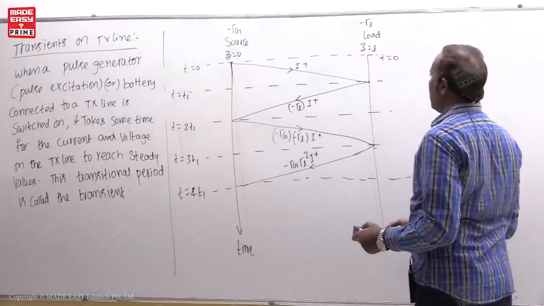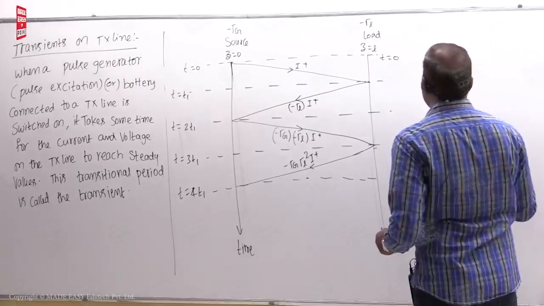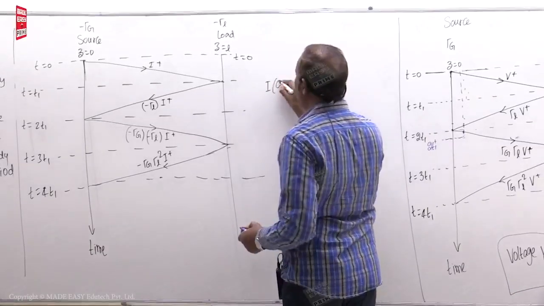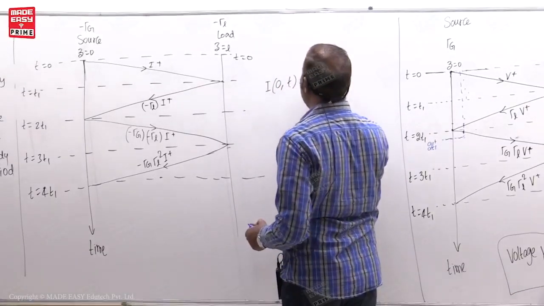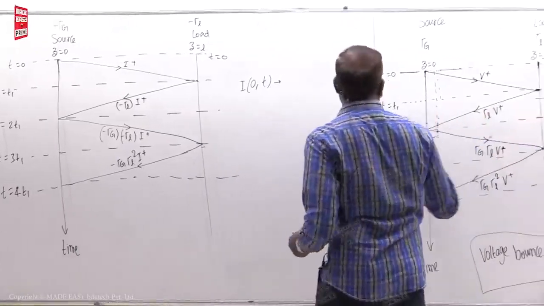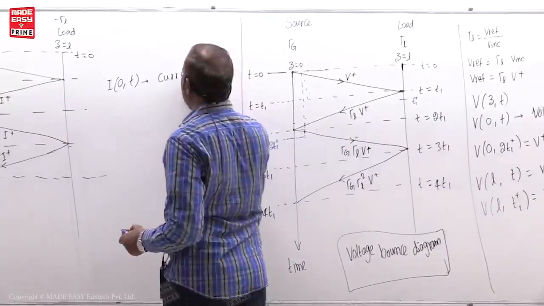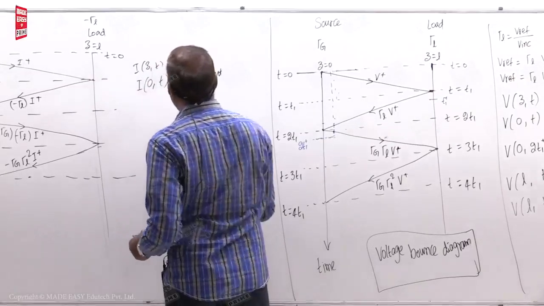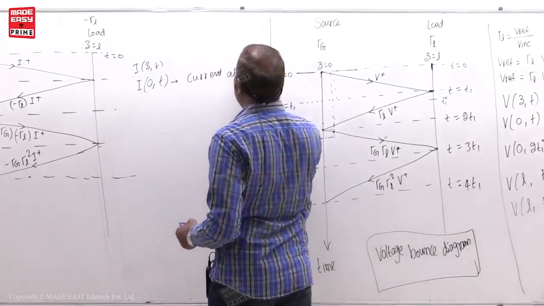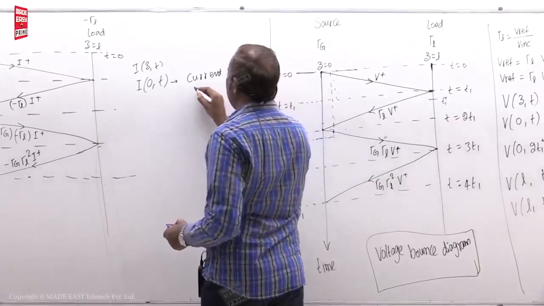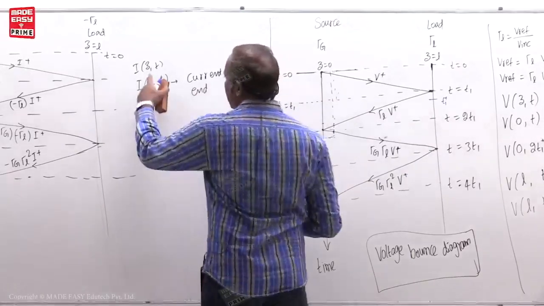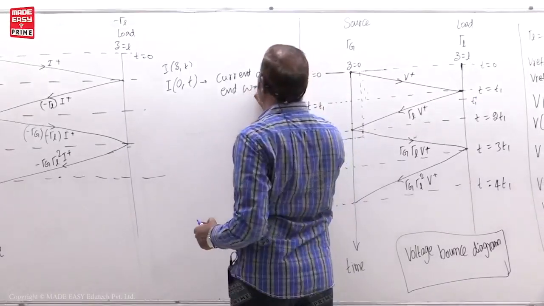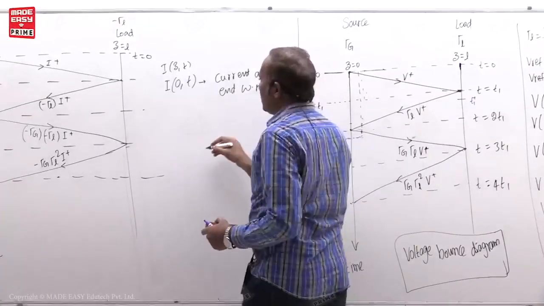Like this it is. So if anybody asks you what is the current at 0 comma t, it is similar to this one only. Current I of z comma t, that is z distance, t time. Current at the source end, z equal to 0 means source end, with respect to time.